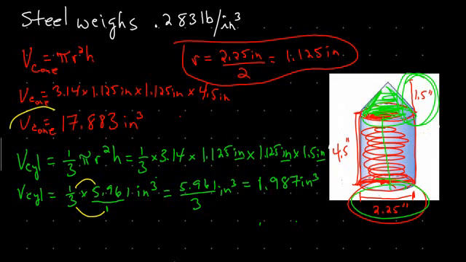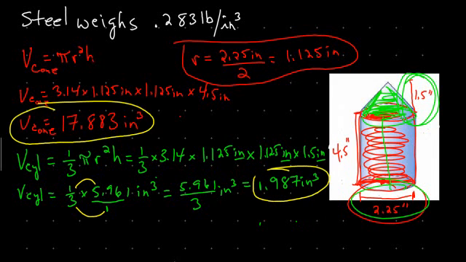Okay, so here in red, the volume of the cone to be 17.883 cubic inches, and here in green we have the volume of the cylinder to be 1.987 cubic inches.